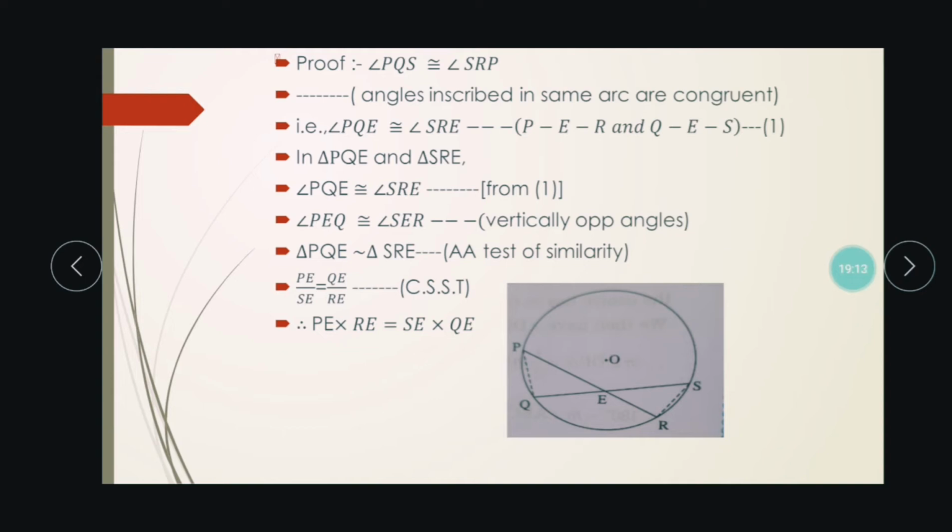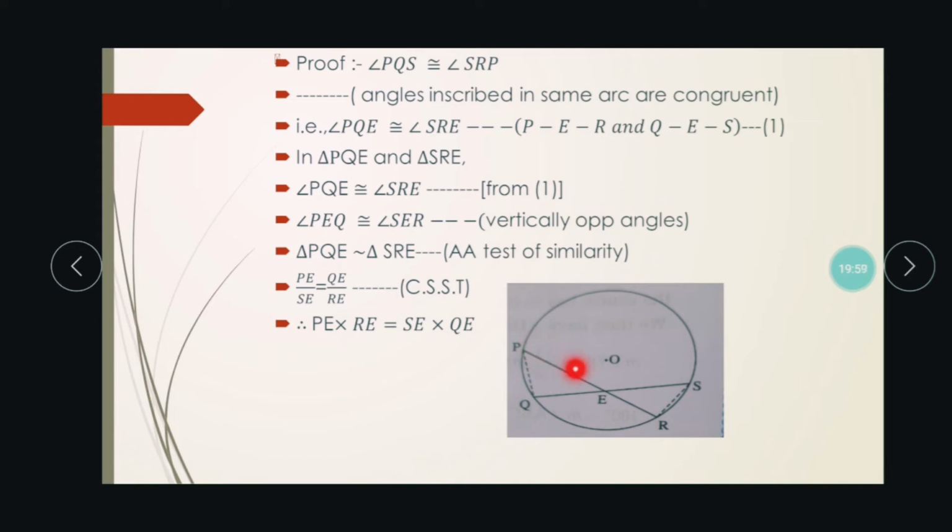Right. Now we will go to the triangles forming over there. The triangles forming are triangle PQE and triangle SRE. Which two angles are congruent? We have proved from 1 that angle PQE is equal to angle ERS. The next angle, PEQ, is equal to angle SER, vertically opposite angles.